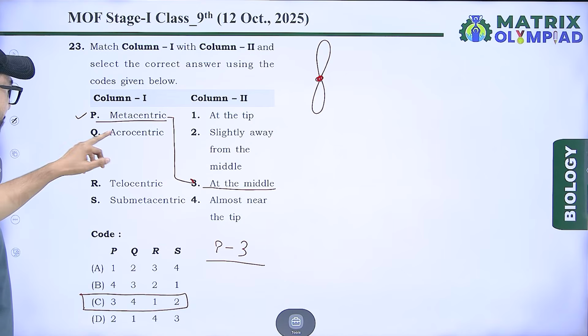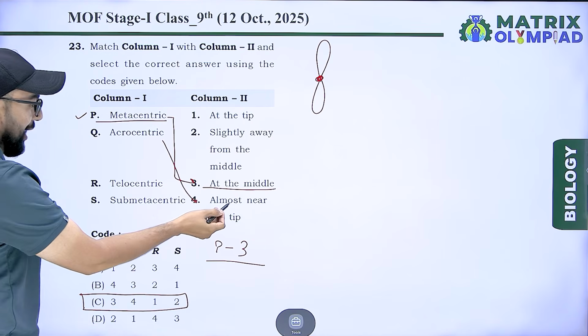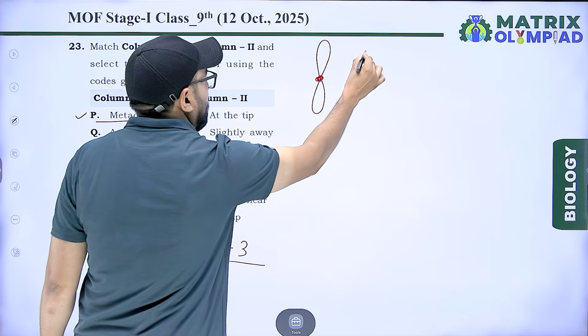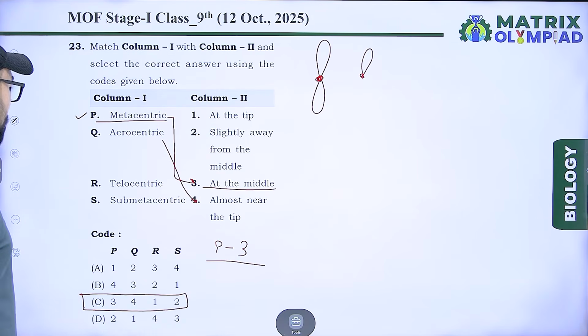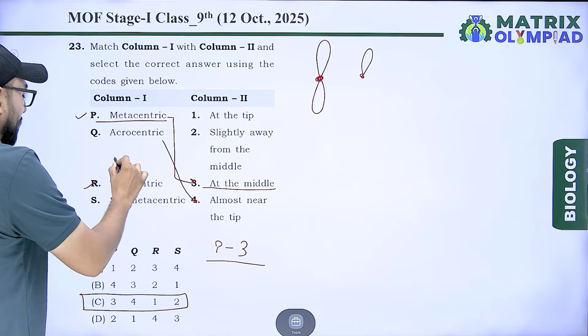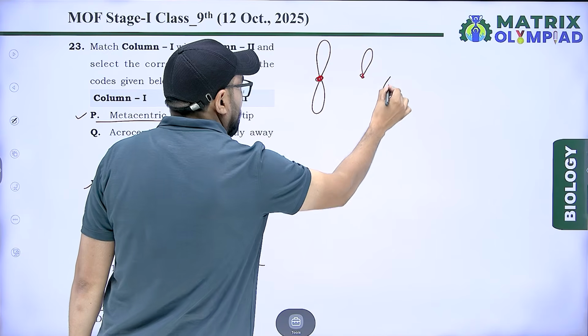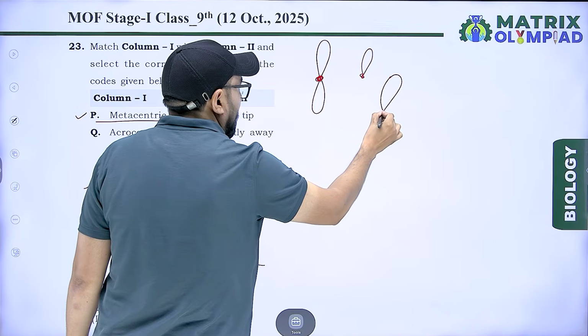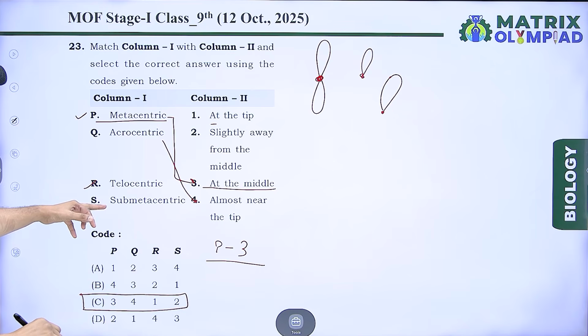Acrocentric relates to the centromere almost near the tip. Telocentric has the centromere at the tip. And last, submetacentric has the centromere slightly away from the middle.